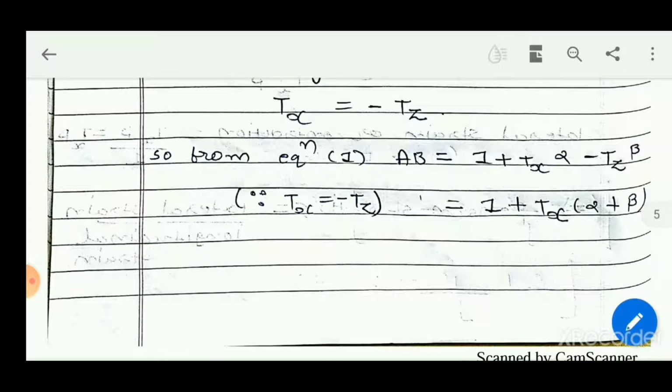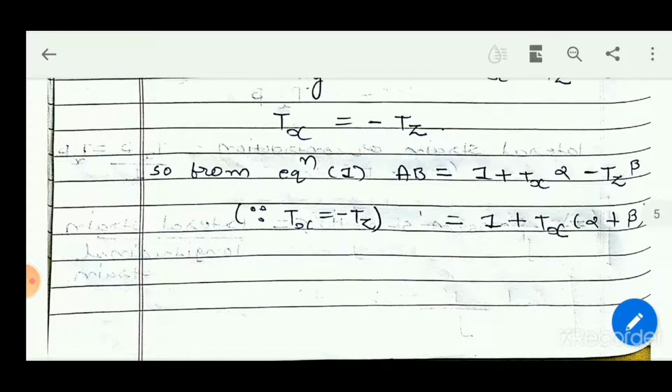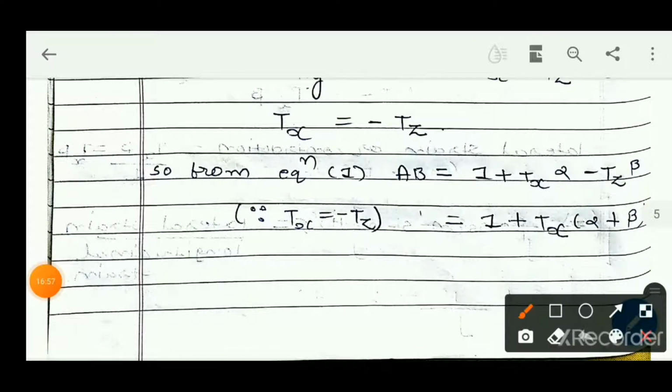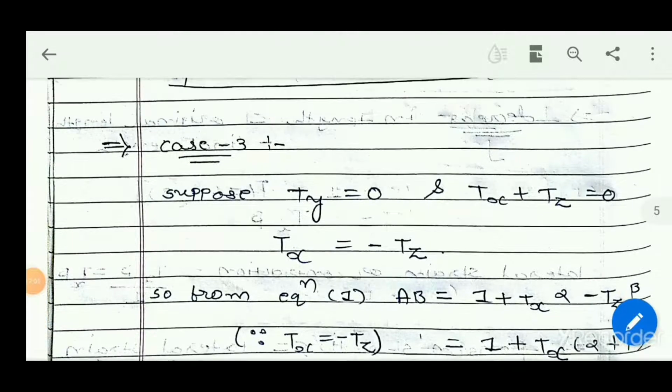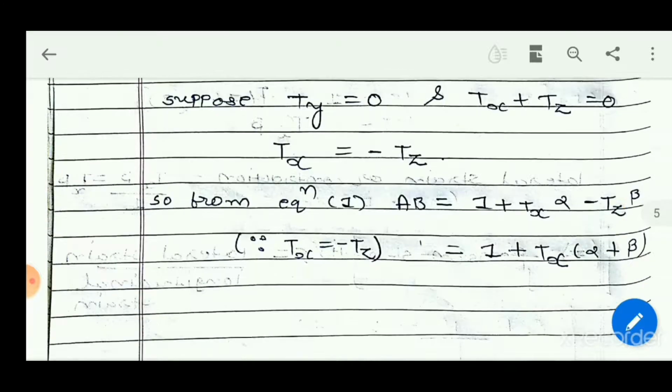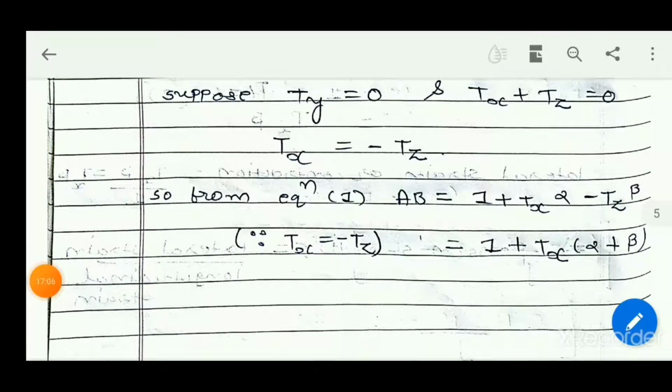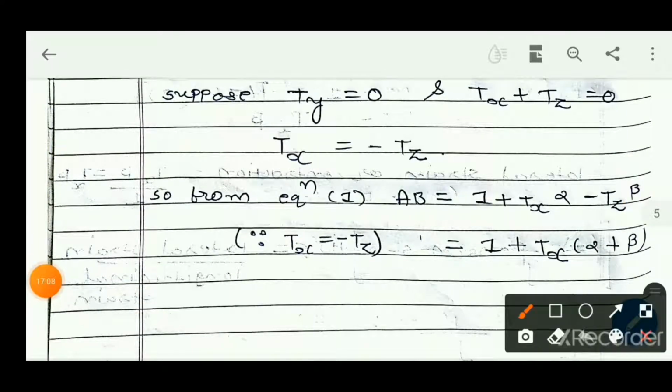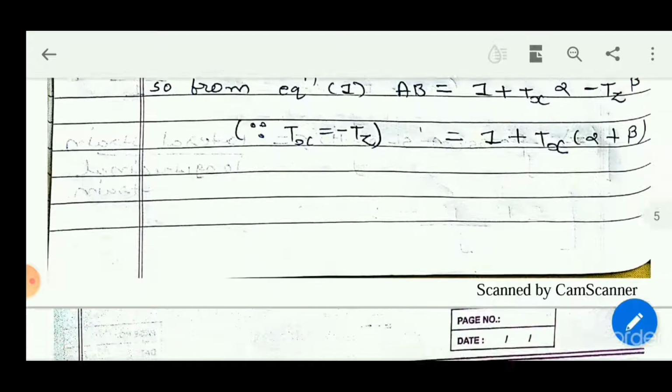So now AB is equal to 1 plus Tx alpha minus Tz beta. Why? Because Ty is equal to 0 and Tx is equal to minus Tz. So it becomes 1 plus Tx alpha minus Tz beta, and now Tz is equal to minus Tx, so it becomes minus plus, so it's 1 plus Tx alpha plus beta.